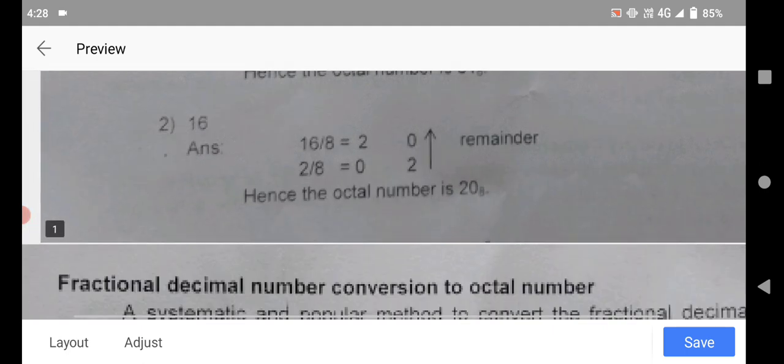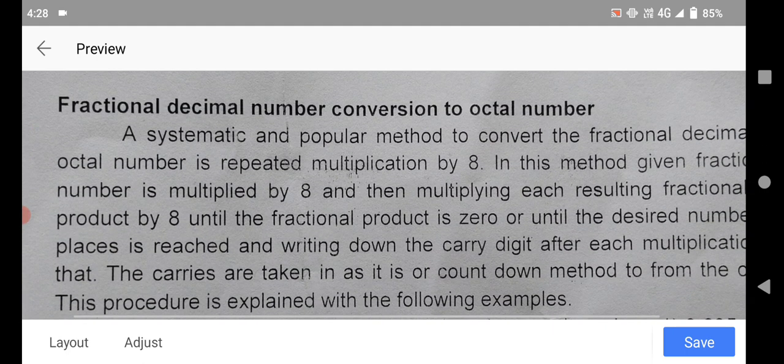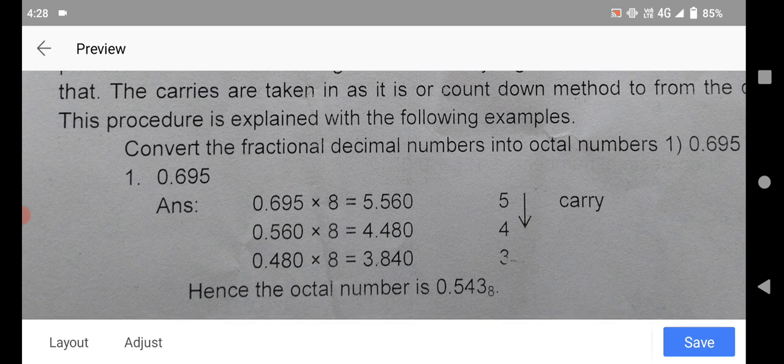Second, the fractional decimal number is converted to octal by multiplying by 8, and we write down the carry. Each calculation gives a fractional decimal number, which is again multiplied by 8 and the carry noted down, and the carries are written in up to down sequence.